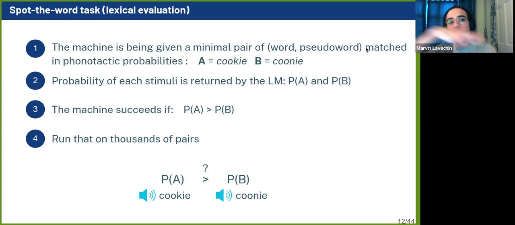I don't want to give too many details, but we built the pseudo words so that they are matched with the words in unigram and bigram probabilities of phones. So basically you cannot solve this task if your model is a unigram or bigram model over the sequence of phones. But in any case, we don't have access to the sequence of phones because we work with the speech stream. I'm not sure I was super clear, but anyway.